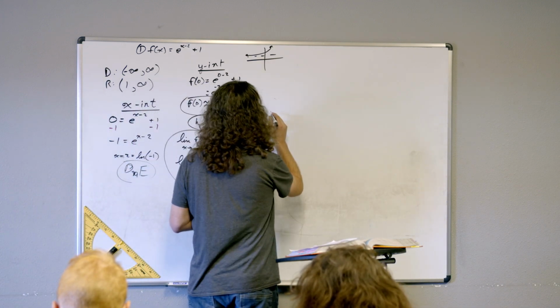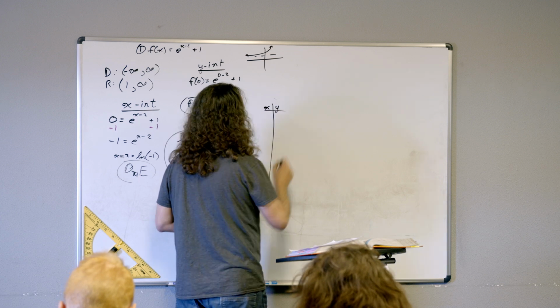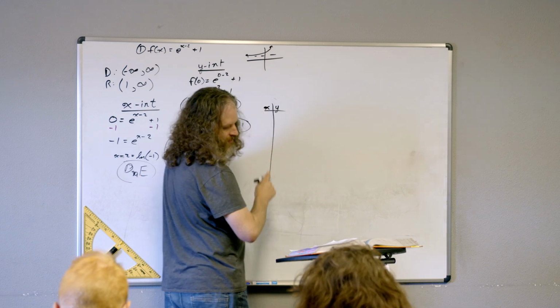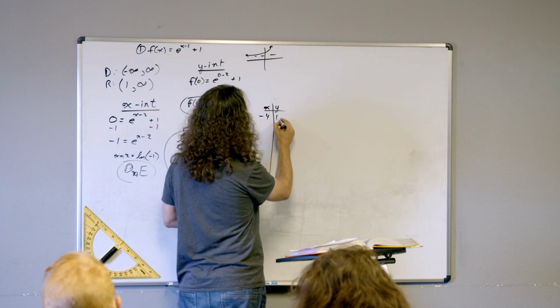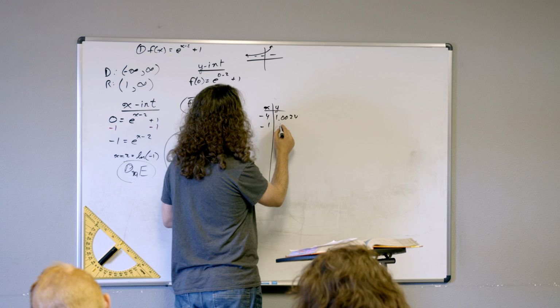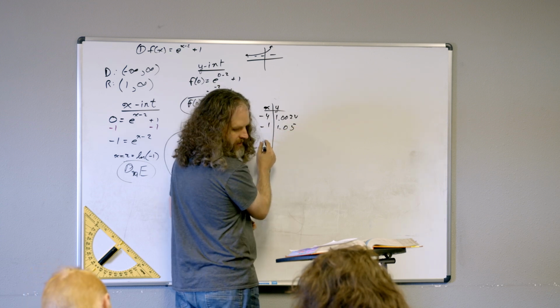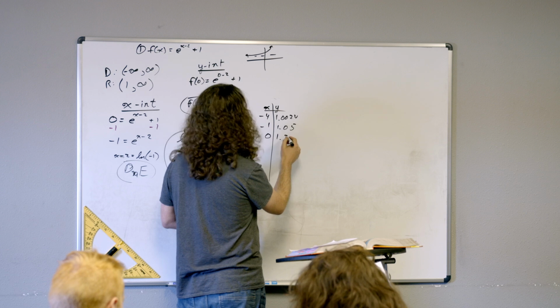And then the graph. This was not required, but it would behoove you to make a little table. The ones I did were -4, which is 1.0024, and -1, 1.05, and 0, 1.3.